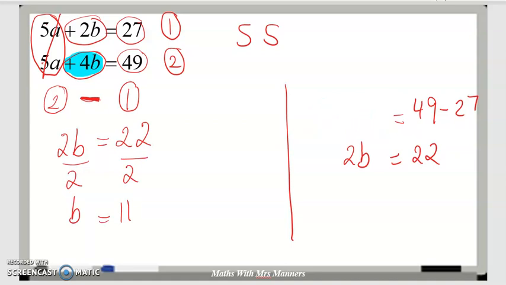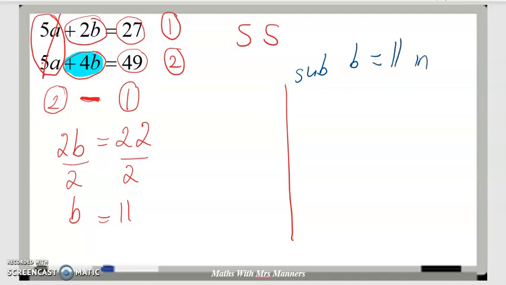Now at this point, like we did in the last example, you've got to substitute your solution back into an equation. I think both of these look similar in terms of arithmetic. I'll probably go back into 1, slightly smaller numbers. So I'll sub b equals 11 into equation 1, and that's going to give me 5a plus 2 lots of b equals 27.